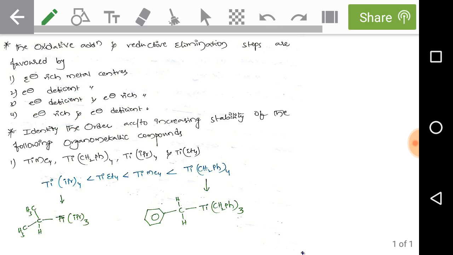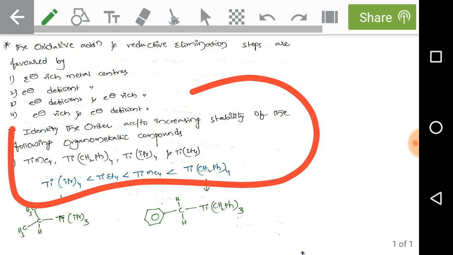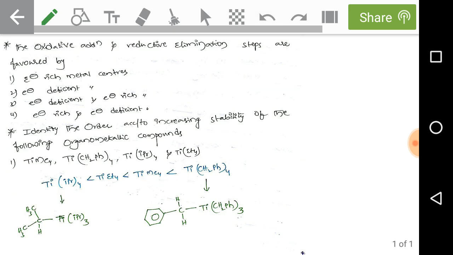centers. Next one, identify the order according to increasing stability of the following organometallic compounds. Here just look at all the given 4 complexes. In tetraisopropyl titanium, you can observe alpha and beta carbons, and at the beta carbons methyl groups are there, that means hydrogens are present.